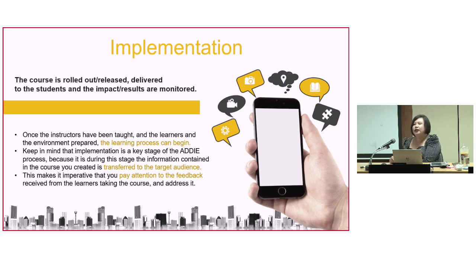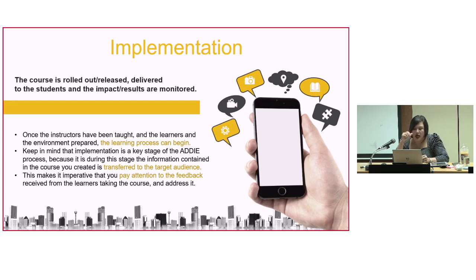The next step of this model, the ADDIE model, after you have developed your course, is implementation of your course with your students. The course is rolled out and released, delivered to your students, and the impact and results are monitored.